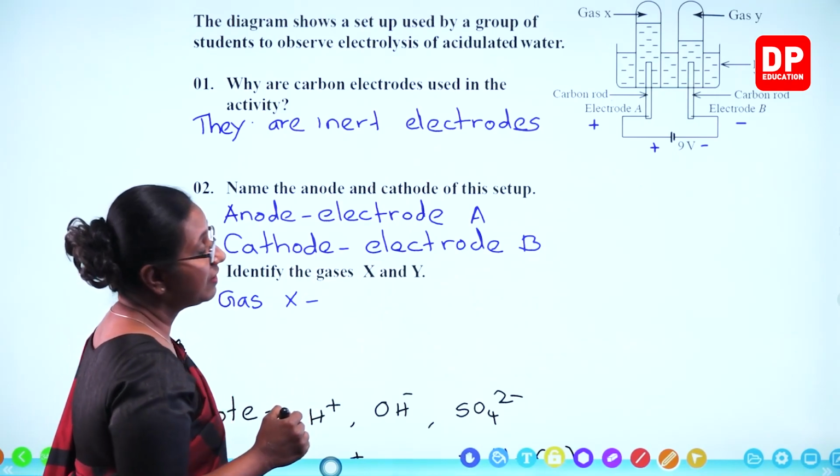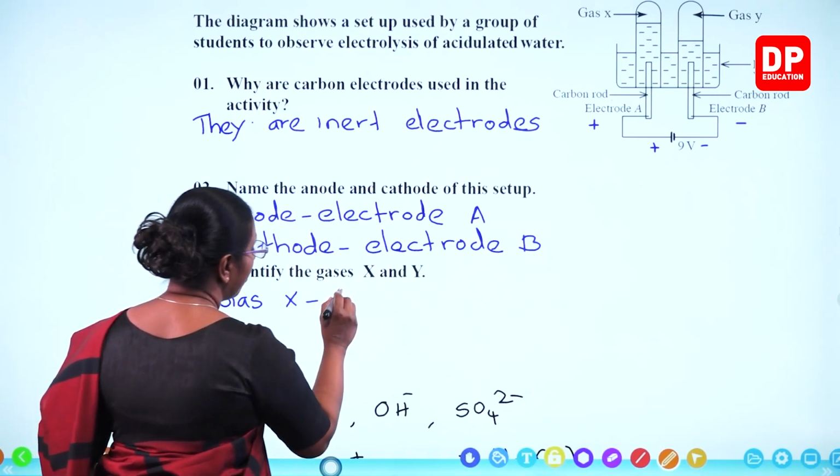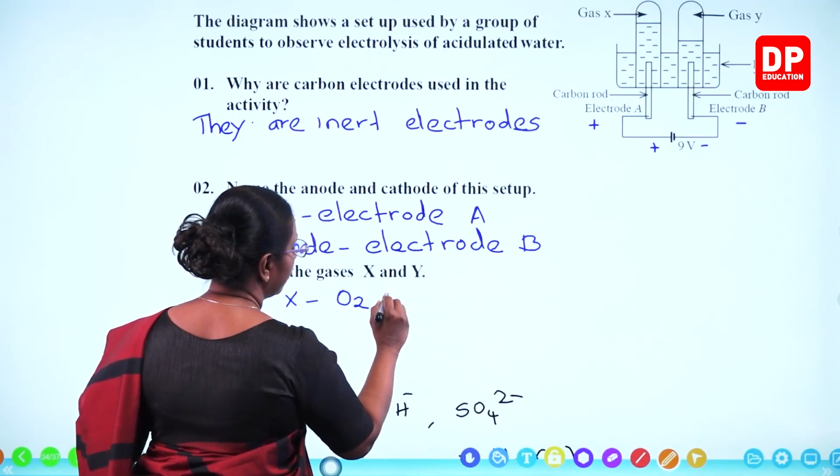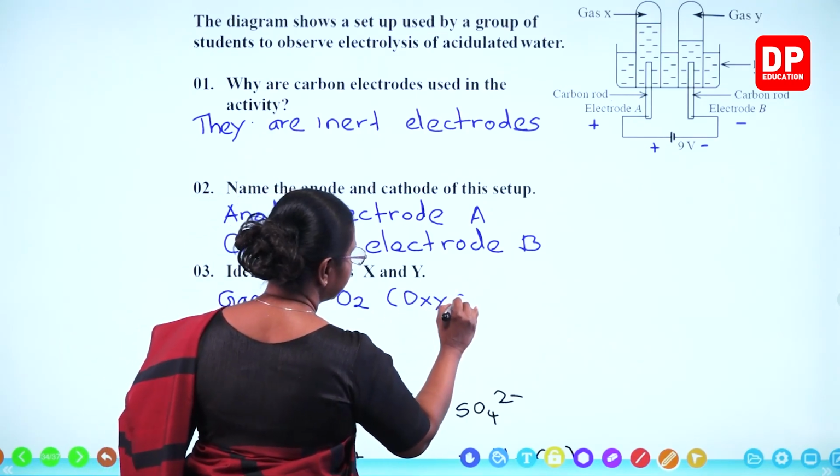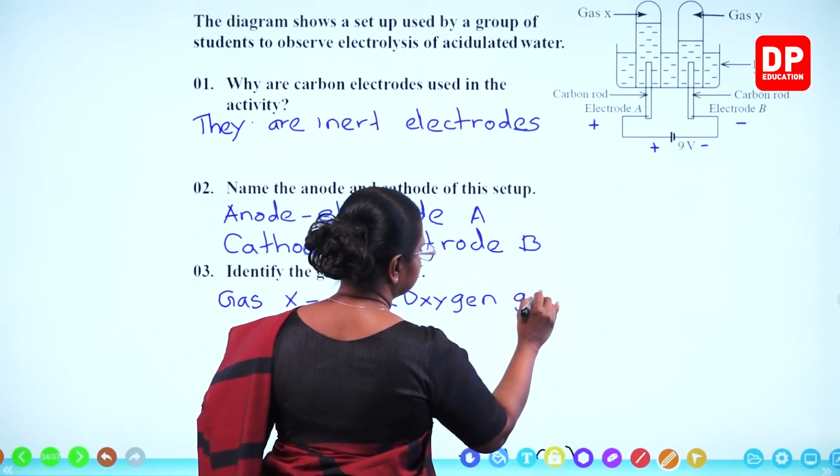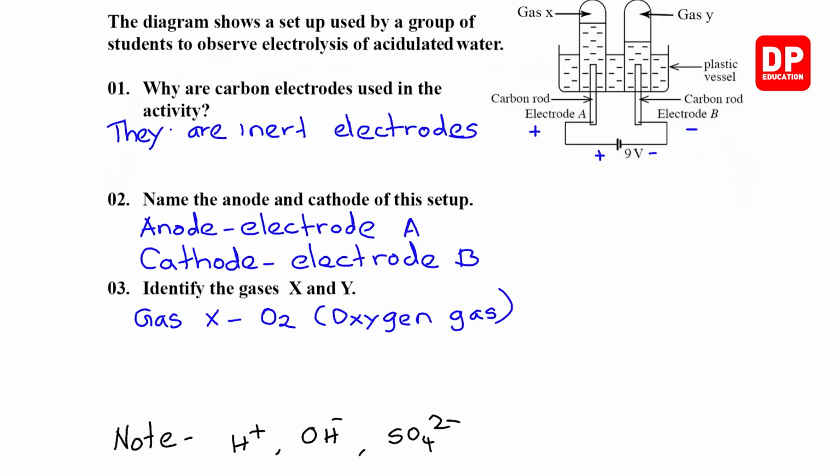The positive electrode. So it is going to be oxygen gas, O2, or you can say oxygen gas. And gas Y is H2 or hydrogen gas.